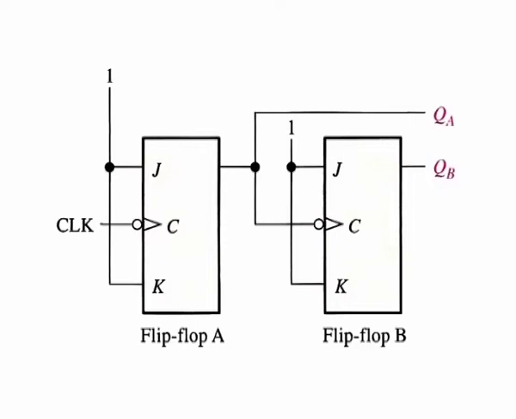The Q output of flip-flop A clocks flip-flop B. So, each time QA makes a high to low transition, flip-flop B toggles. The resulting QA and QB waveforms are shown in the figure.